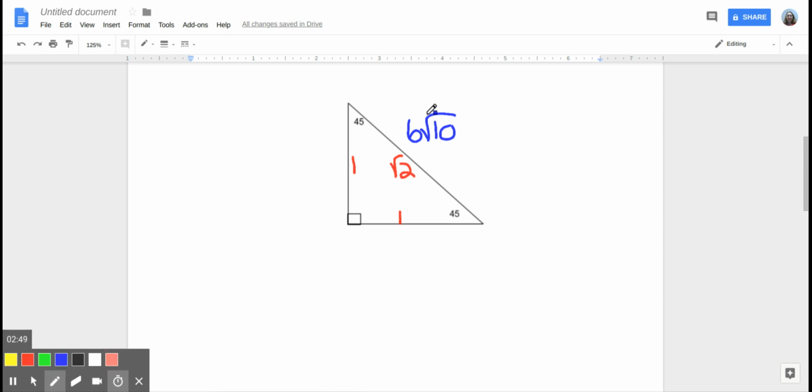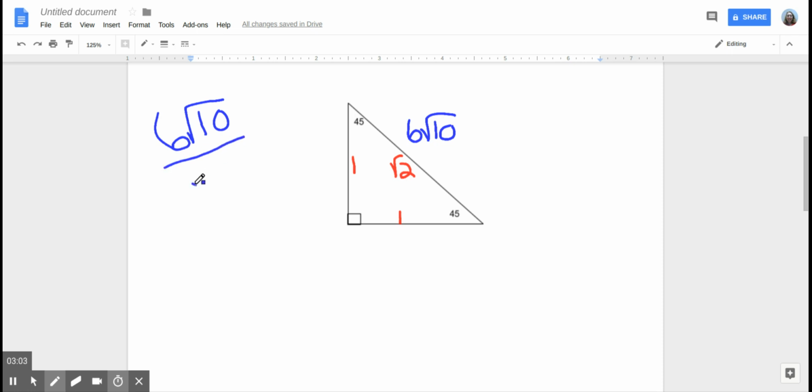So now, as we are starting with the 6 radical 10, when we divide in, we're going to be taking 6 radical 10 and dividing by the square root of 2. And this would become 6 square root 5.